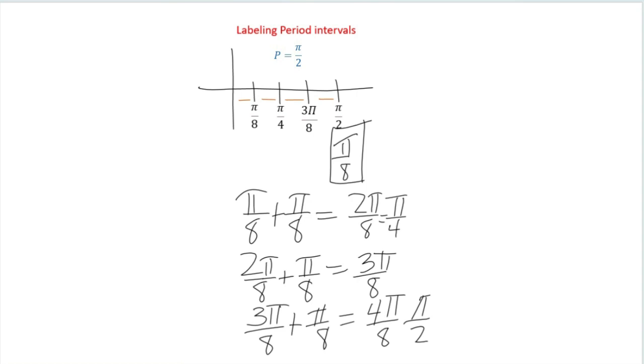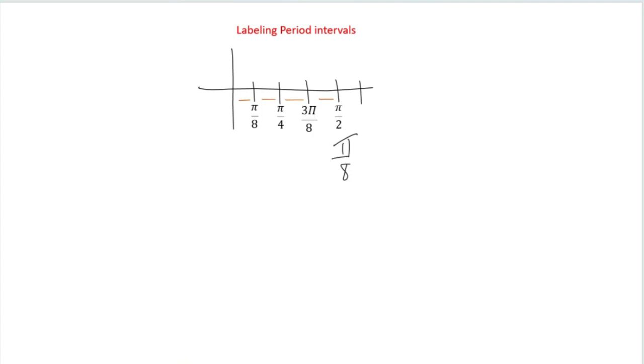And we can continue on if we had another interval that we need, because sometimes we have a phase shift, so we might need to continue on, and we would do the same. I'm going to erase this. So we were at pi over 2, and we're adding the distance between the intervals, which is again pi over 8.